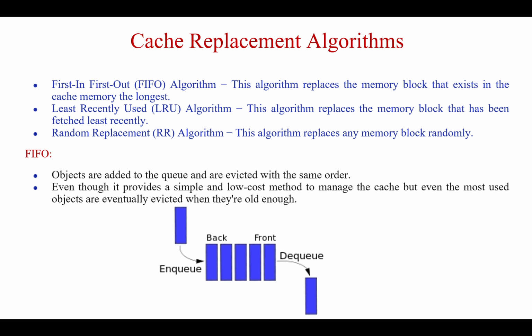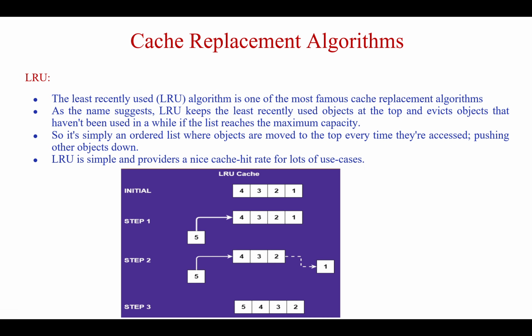So next we'll have cache replacement algorithms. First we'll have FIFO. Already I told you, first in first out. For example, in a queue, whoever comes first will be served first. So the new one will be entered at the last. That is FIFO order. Next, LRU, least recently used.